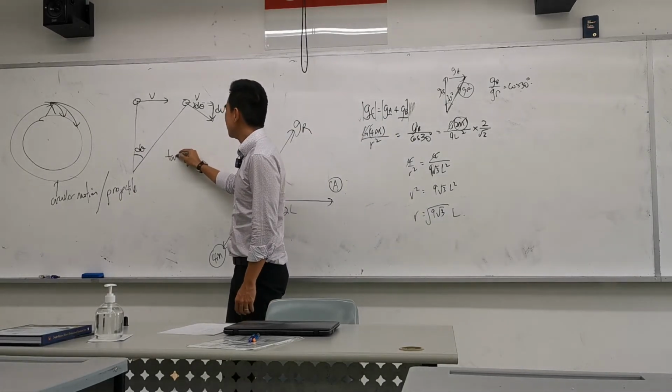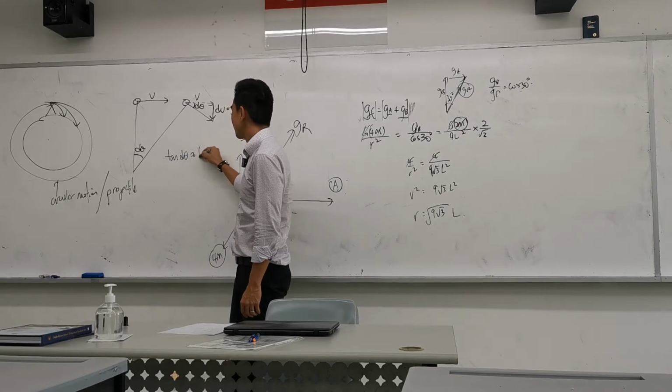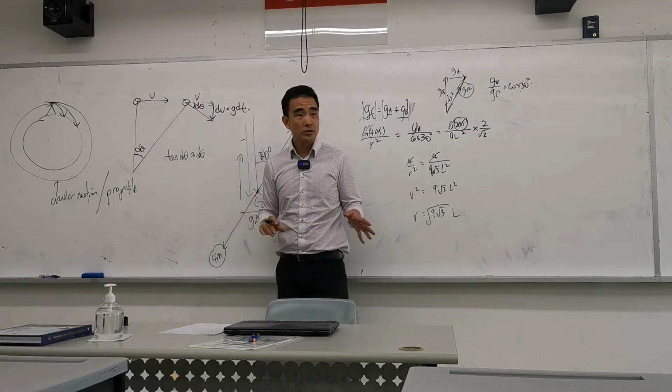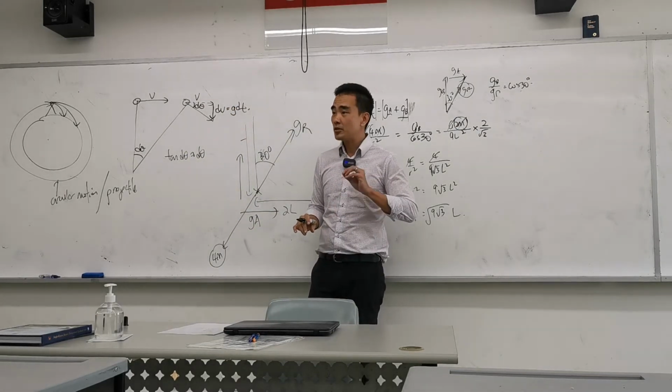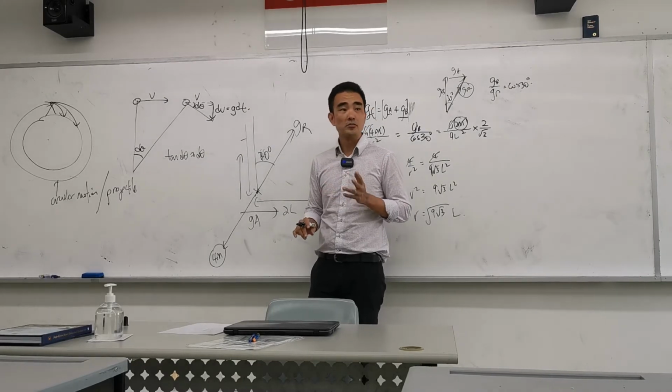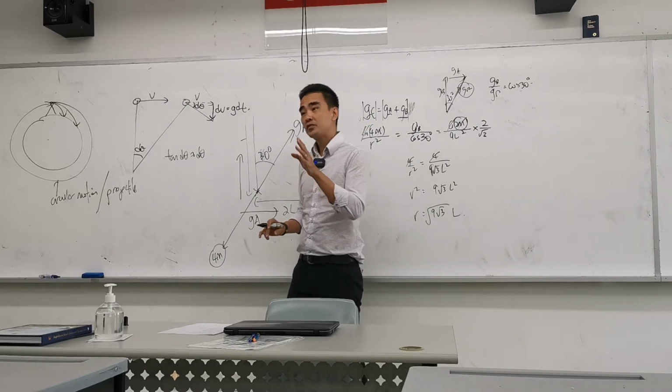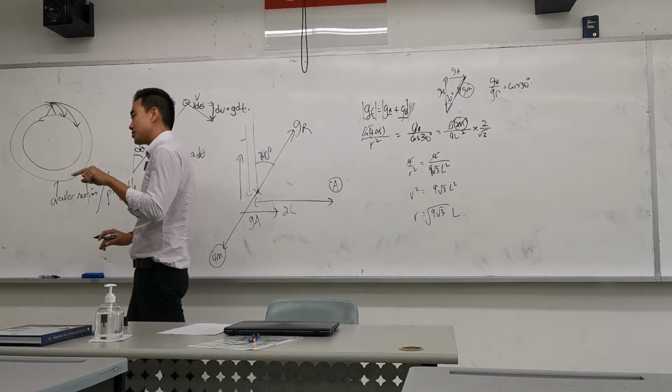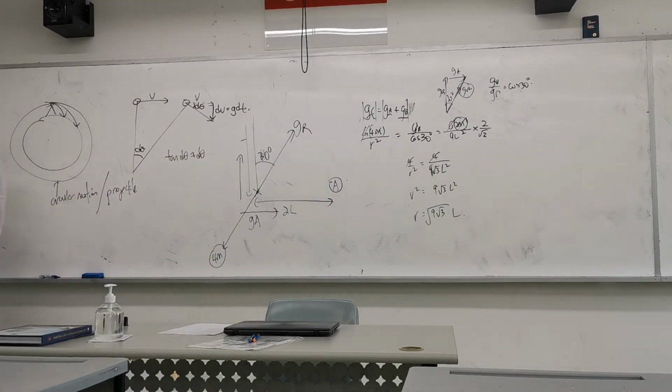Now, do you agree that tangent d theta is approximately d theta? I don't know whether you have learned this in math, but in radians mode, tangent theta is approximately theta if theta is small. If you don't believe, switch your calculator to radians mode, tangent 0.001, you get 0.001. So this is actually an approximation.